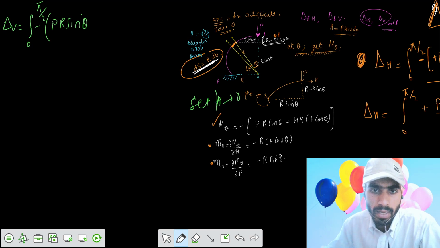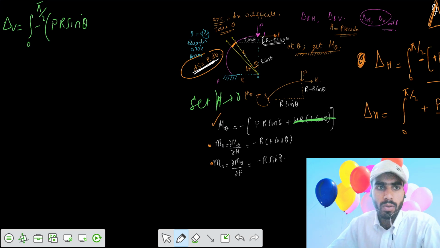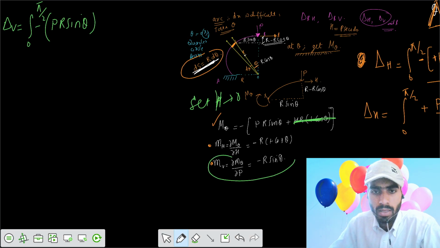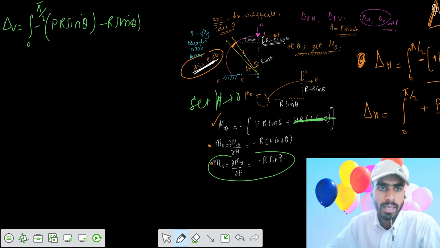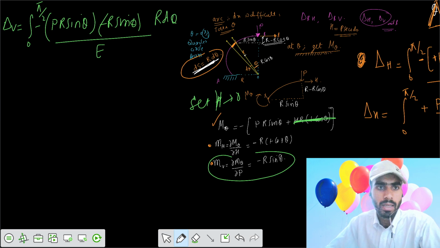If you directly set horizontal to 0, that means this is gone, that is 0. That means you are left with this part only, and you have to multiply it with this one, minus R sine theta, and value of ds was R d theta by EI.